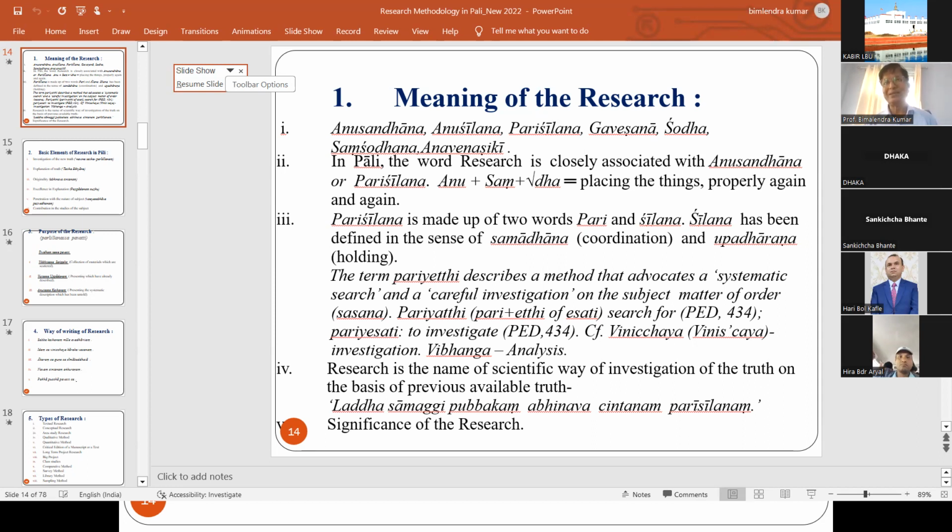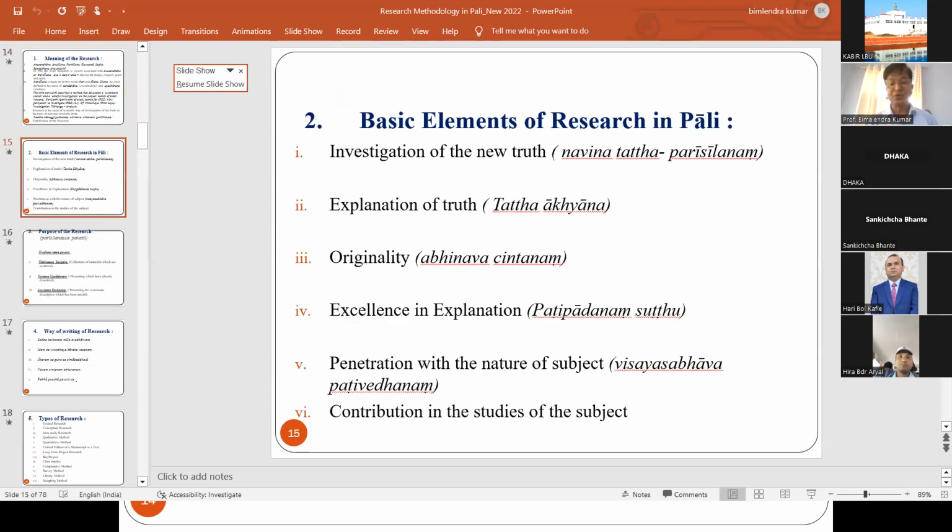So here in Pali, we have the terms anusilana or parisilana, which have been designated as terms for research also. This is new innovation based on careful or scientific investigation of the material available to us. Further, we are going to discuss what the basic elements of research are.